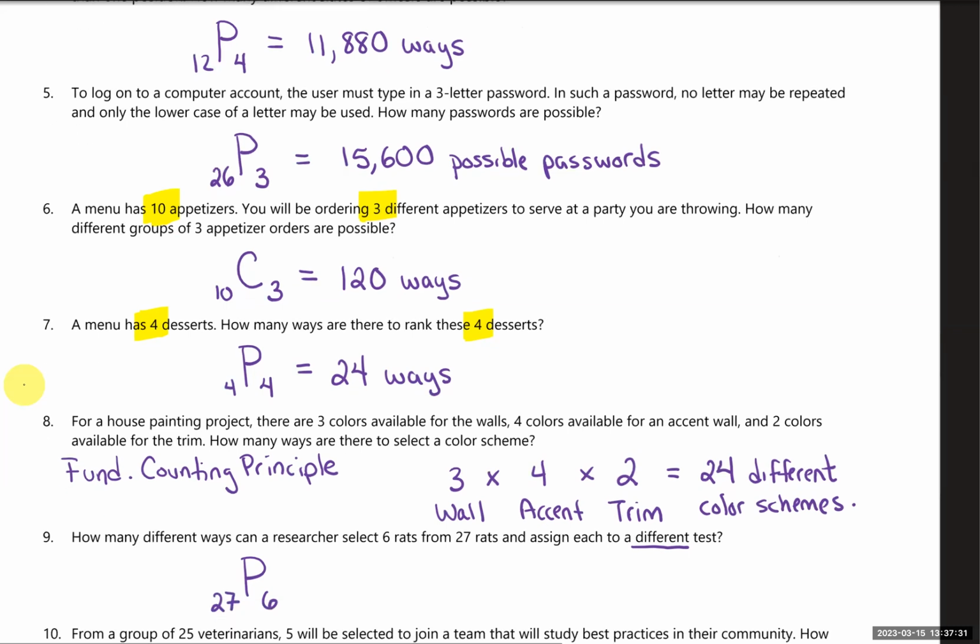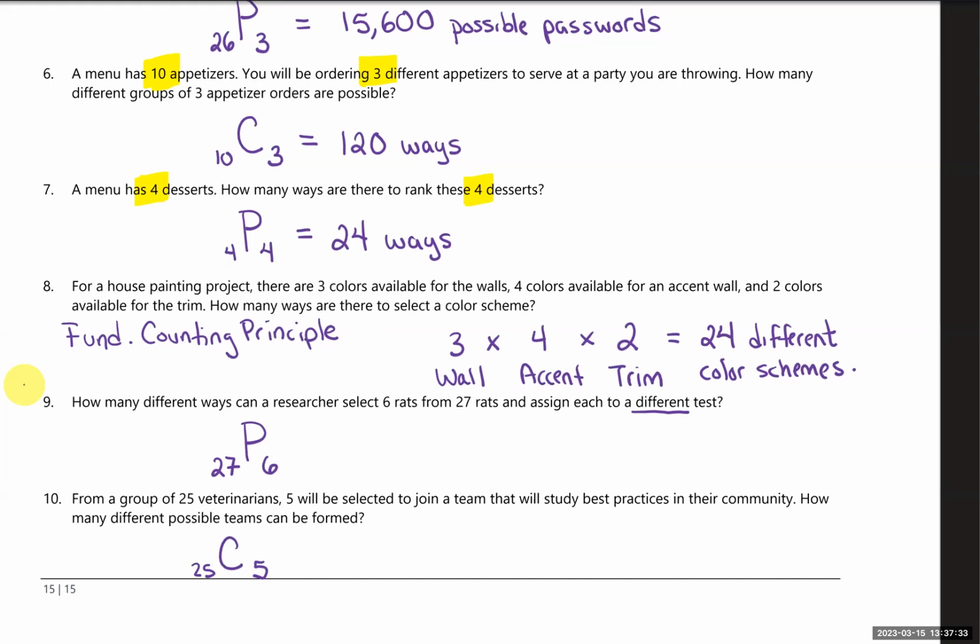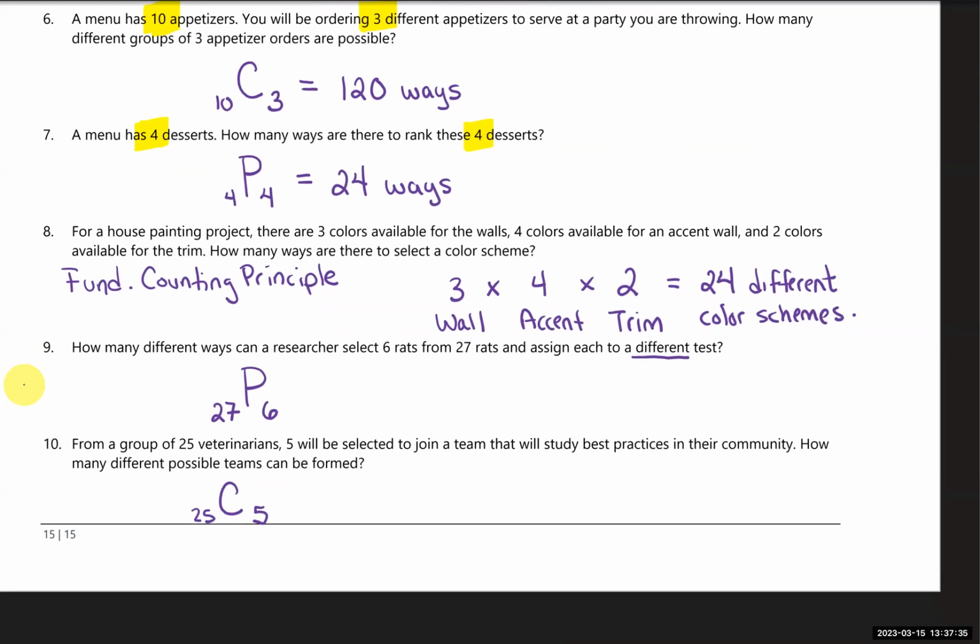All right, and then we got the fundamental counting principle. And then we got to our rats that we're doing different tasks. Now, this is going to seem like a very large number, but it turns out to be 213,127,200 ways to assign the tasks.